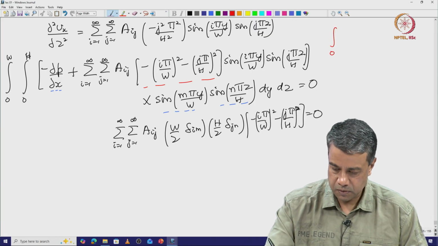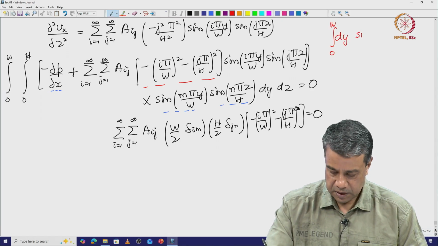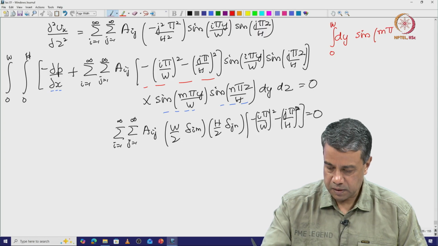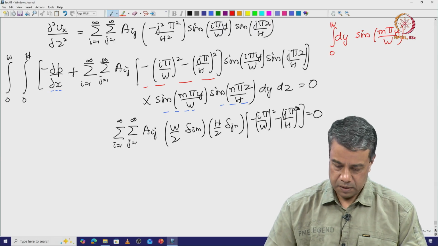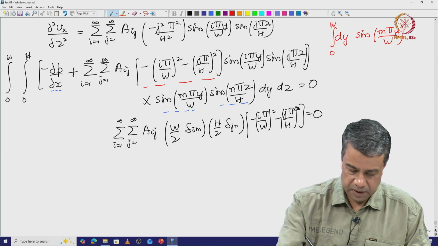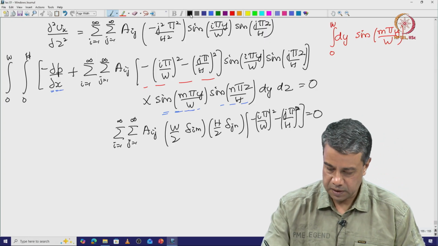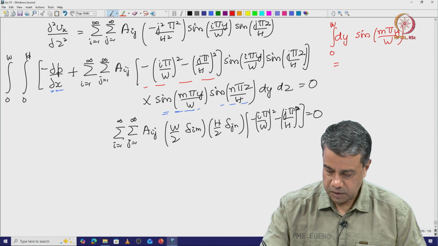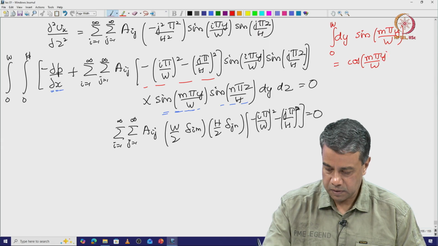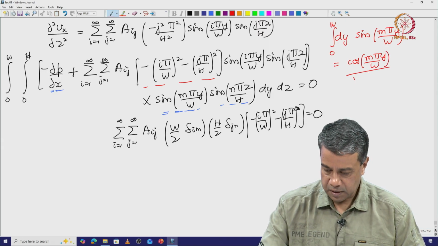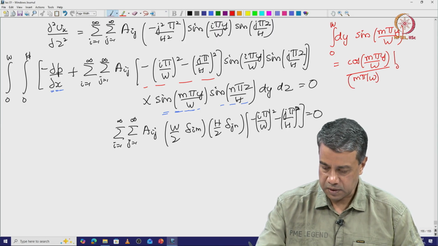Integral 0 to w of dy into sine m pi y by w, which is obtained by multiplying this term by this term here. So, this will be equal to cos of m pi y by w divided by m pi by w, between 0 and w.